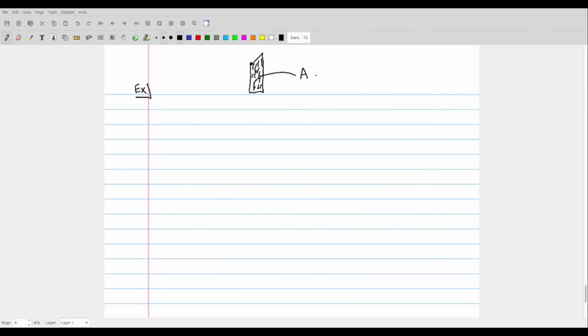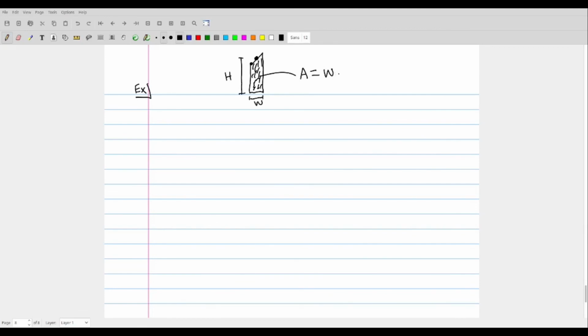The area of this trapezoidal figure is given by the width of the base, the size of the base, multiplied by the average height. So the height at the midpoint right here of this trapezoid is, we'll call it h.